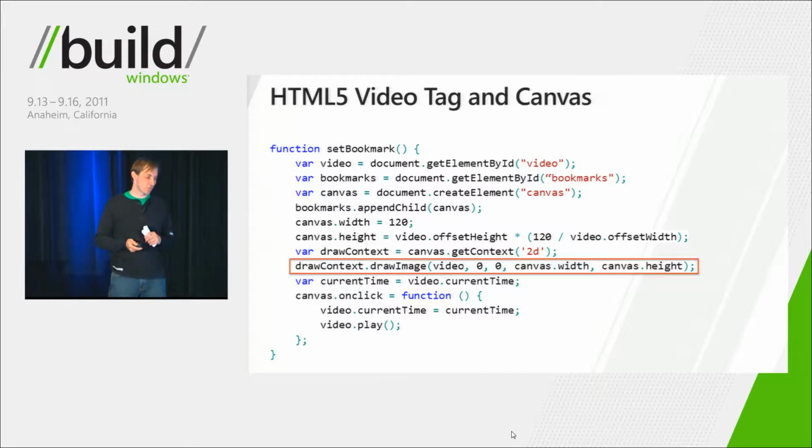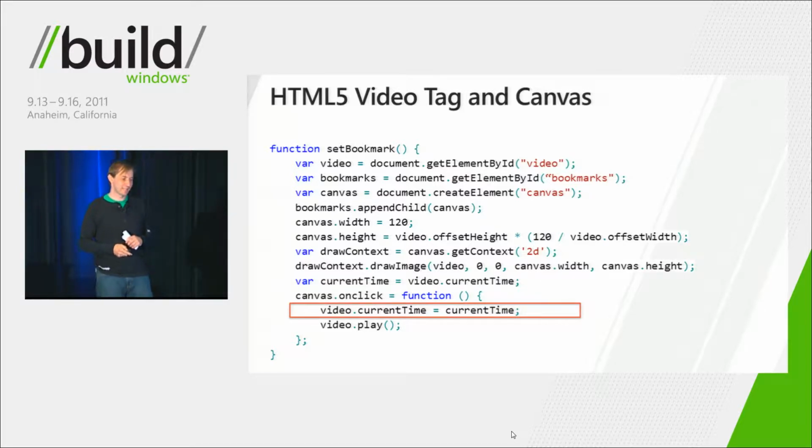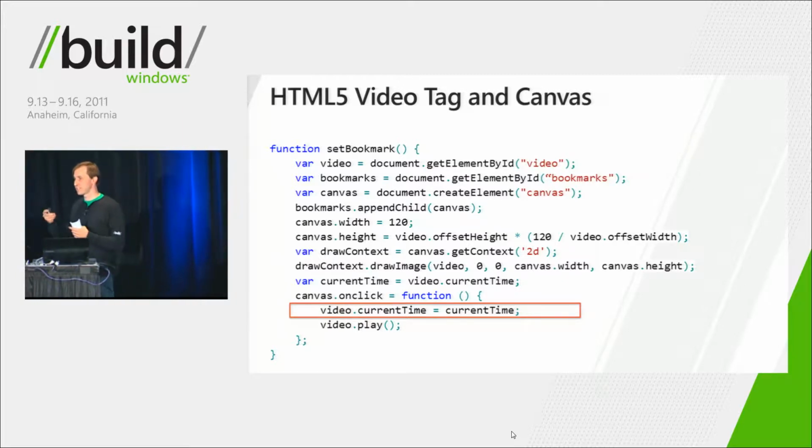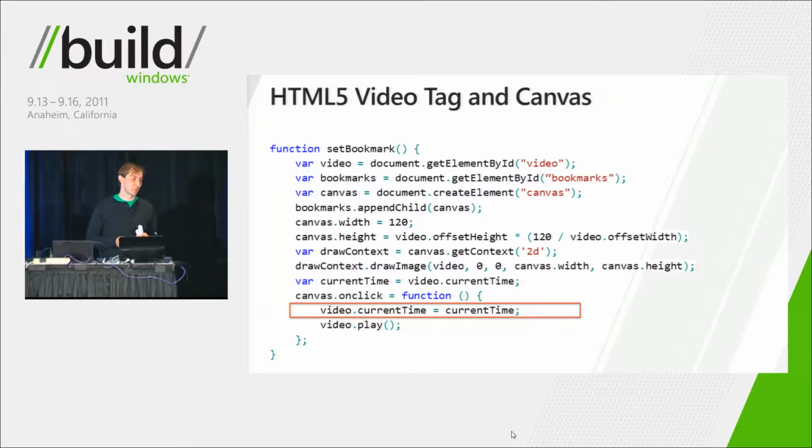Using that brush, we draw an image on the canvas, and the source of the drawing operation is the video. So it's neatly integrated. The canvas and the video tag work pretty well together. Here we're just memorizing the current time on the video where this all happened. Then as the user clicks on the canvas element, we set the video's current time to the time it had when we captured the bookmark.